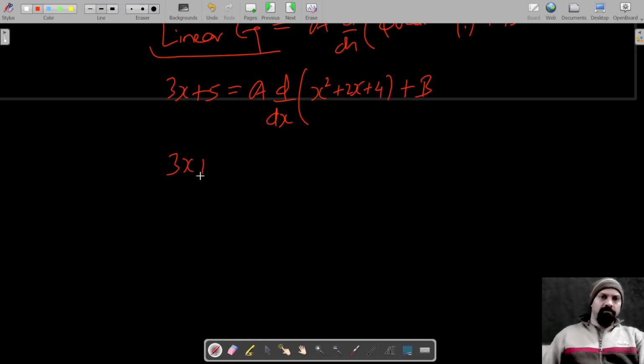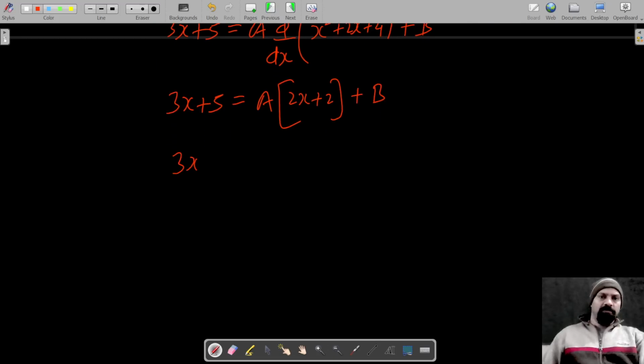This gives 3x plus 5 is equal to a into 2x plus 2, plus b, which gives 3x plus 5 is equal to 2a into x plus 2a plus b.